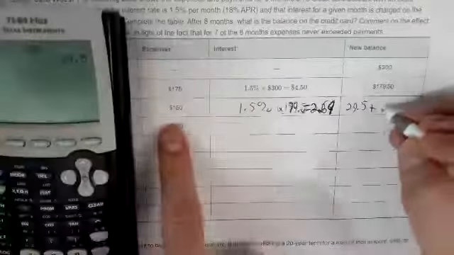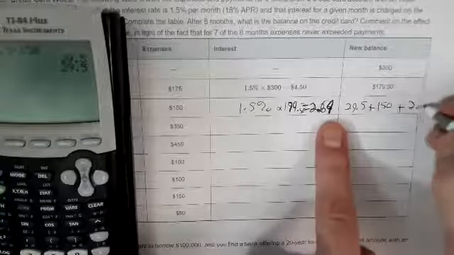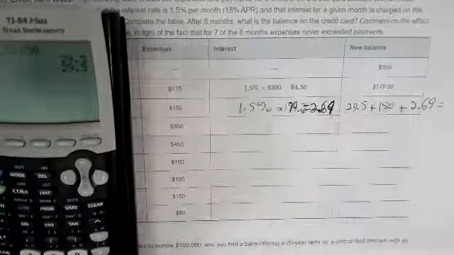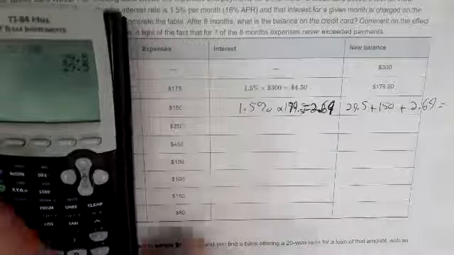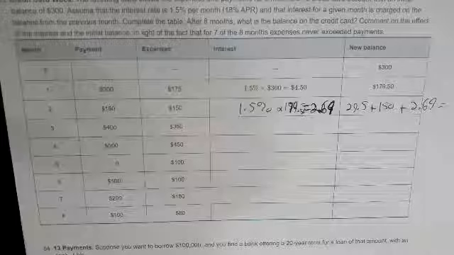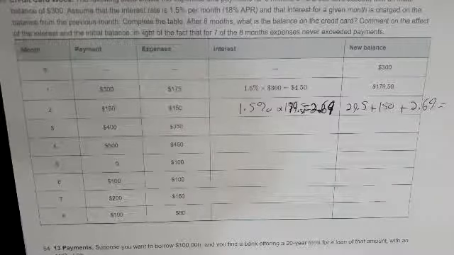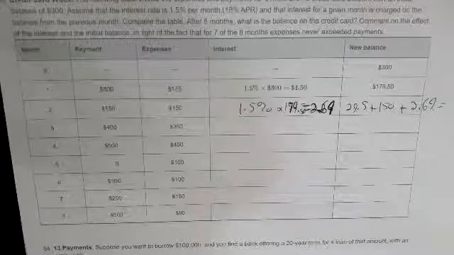Accrued $150 more dollars. And we have 2.69 in interest from the previous amount that we had on our balance. Okay. So 29.5 plus now the 150 that we got that's new.